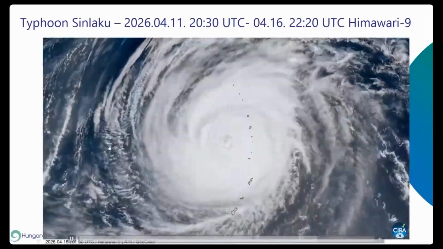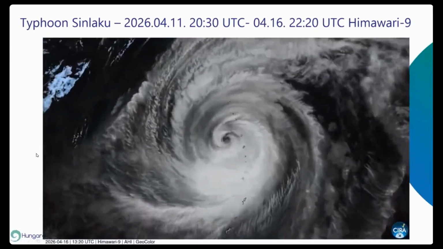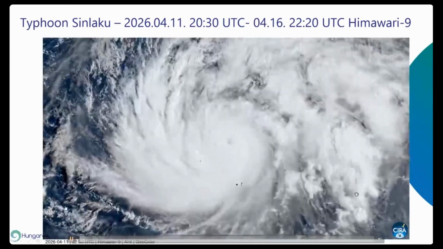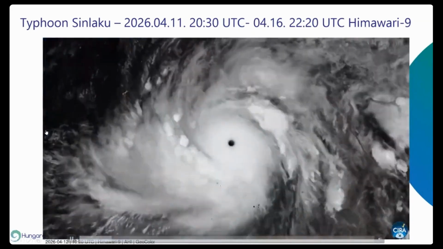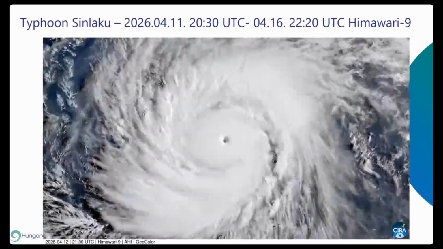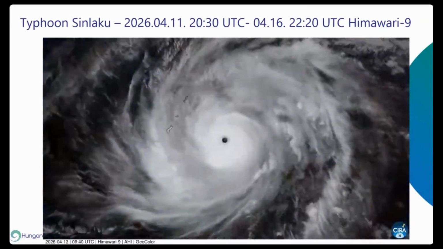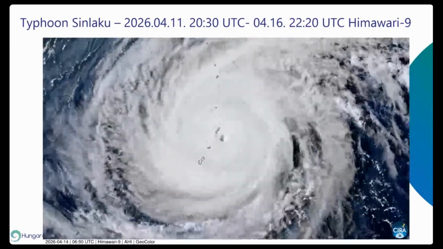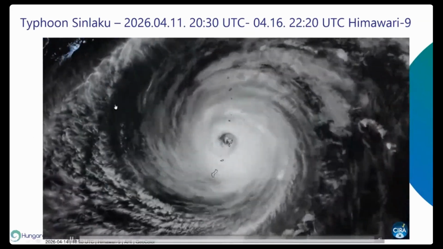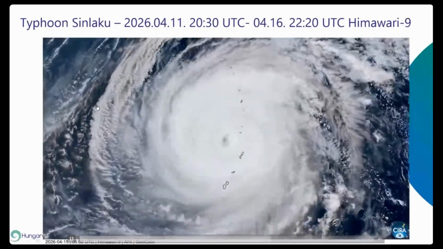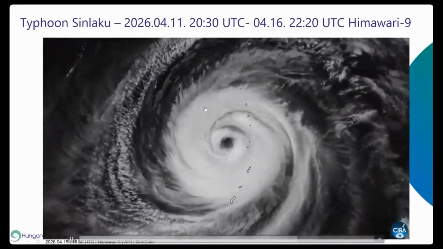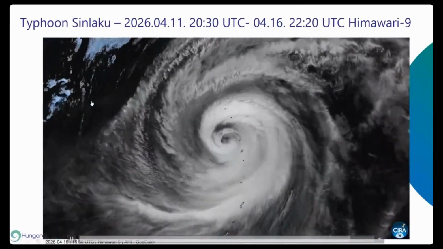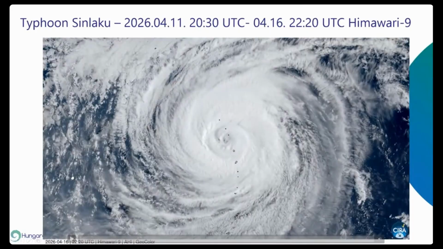Here we can see a 5-day loop of Typhoon Sinlaku as seen with Himawari-9. During the day this is the true color image, and during night you can see basically an infrared image where the higher clouds are white and the lower clouds are bluish. This is called the geocolor image.